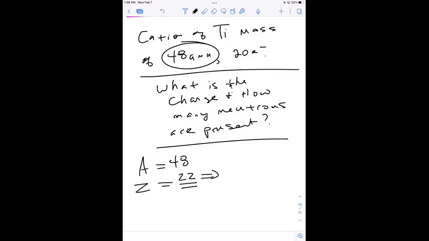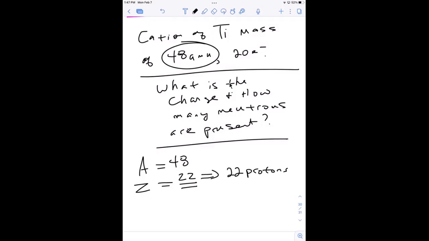What does that number tell me? How many protons are present in a titanium atom? That's what the atomic number tells me. So there are 22 protons.